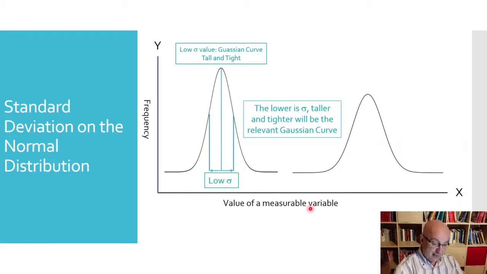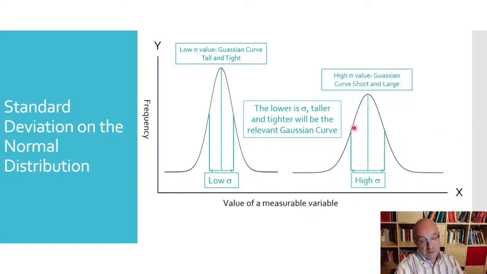But if I take the curve on the right, here I have a high sigma, because this segment is pretty higher than this segment. A high sigma means a high spread of data around the mean, so it means less values around the mean, and the frequency of the values around the mean is lower, okay? And if the frequency is lower, it means that this curve is shorter than this one.